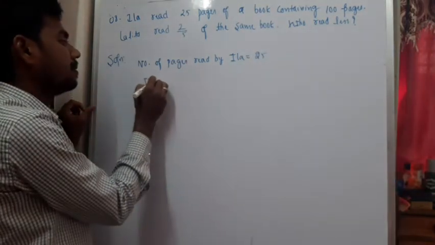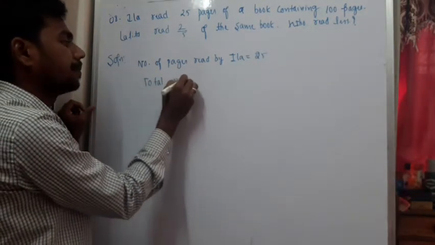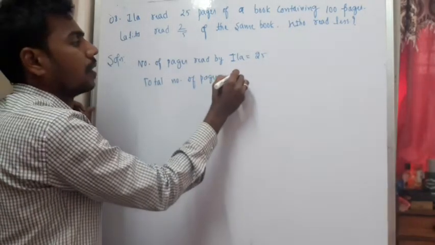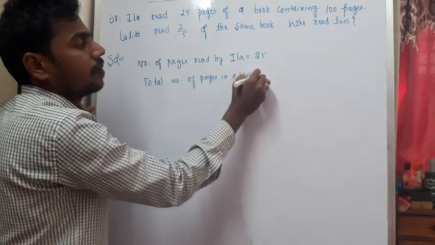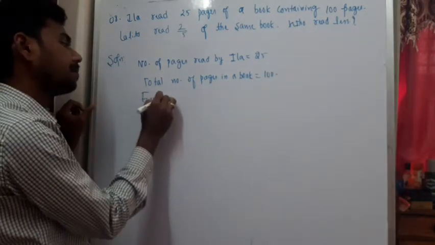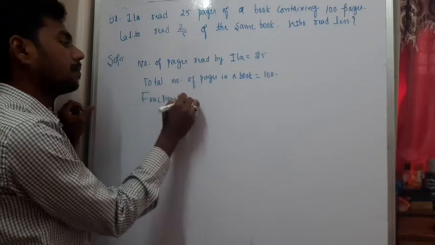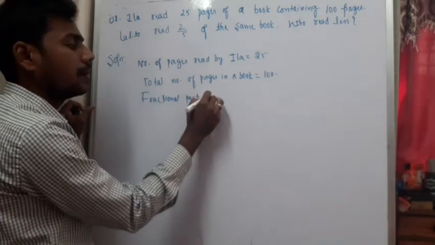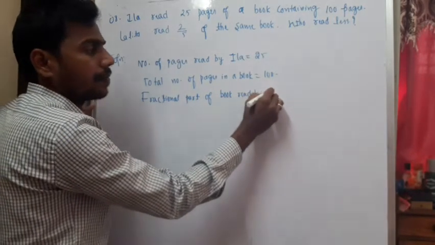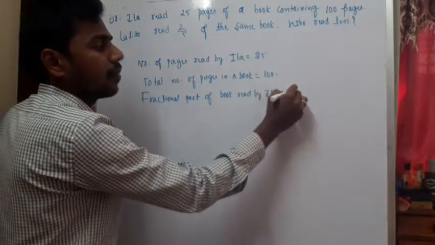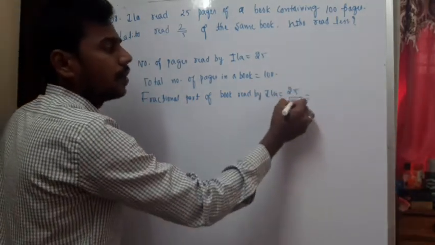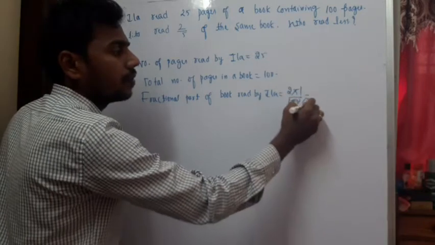Total number of pages in the book is equal to 100. So the fractional part of the book read by Ila is equal to 25 out of the total, that is 25 ones are 25, 25 fours are 100.